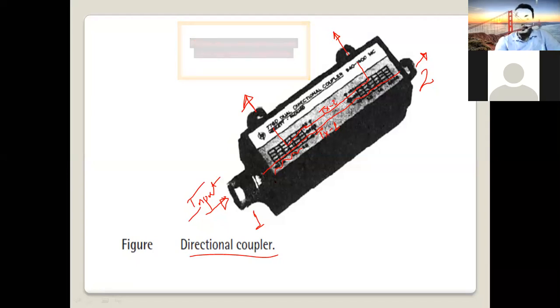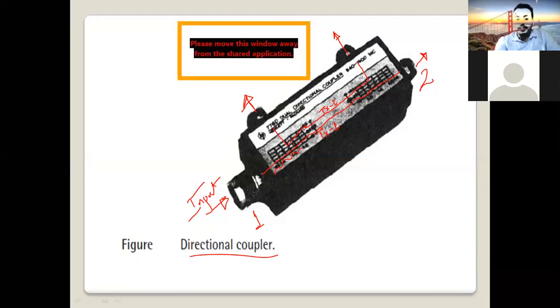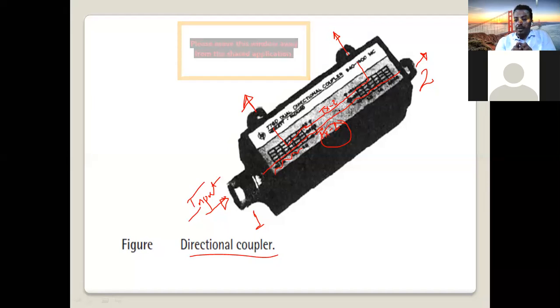If you apply a signal at port 1, the signal will transmit from port 1 to port 2 directly through transmission line 1. But because there is another transmission line very close to transmission line 1, parallel to it, a small amount of signal power is coupled or transferred from transmission line 1 to transmission line 2.